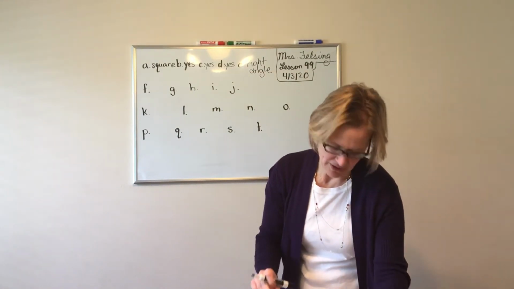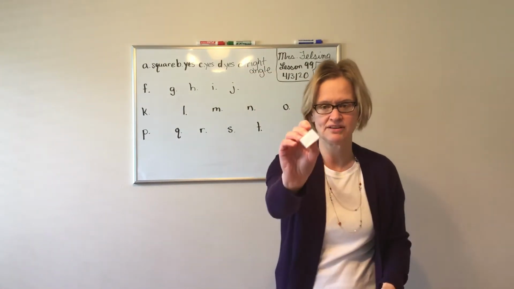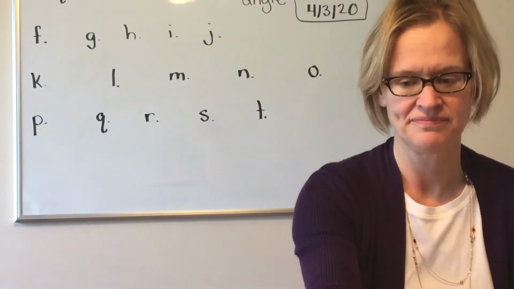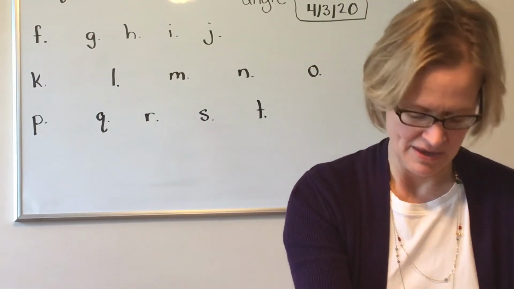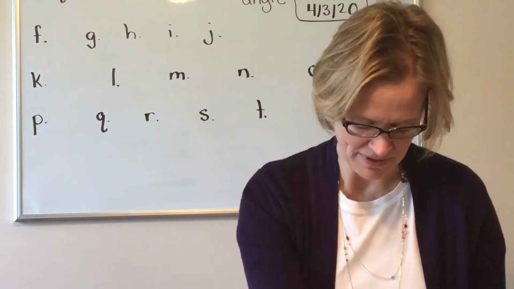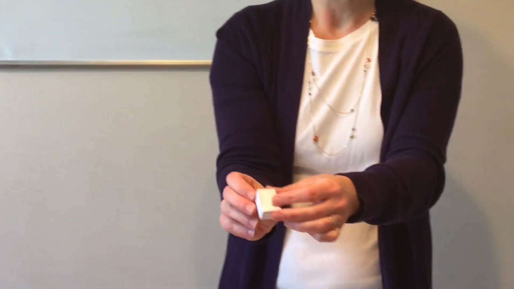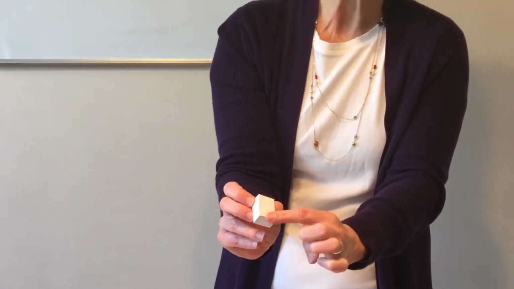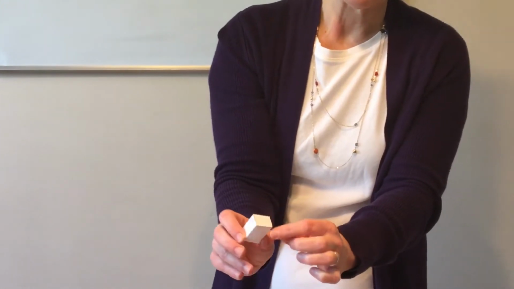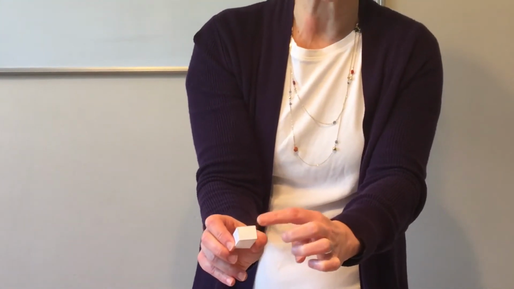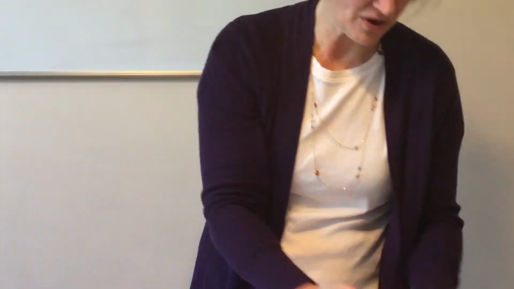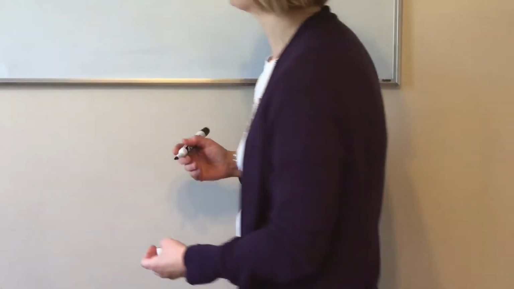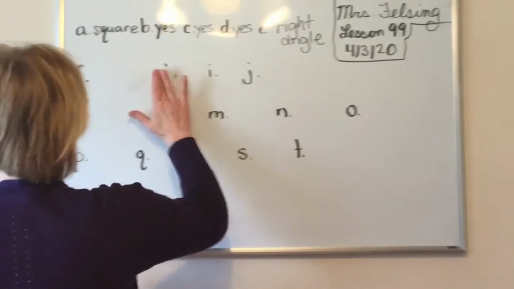Now we take a look at your shape that looks something like this. It says, what is the shape of each face? If we take a look, this is a rectangle, and this is a rectangle. It's a little smaller, but it's still a rectangle, and they look like they're all rectangles. So for letter F, that would be rectangle.